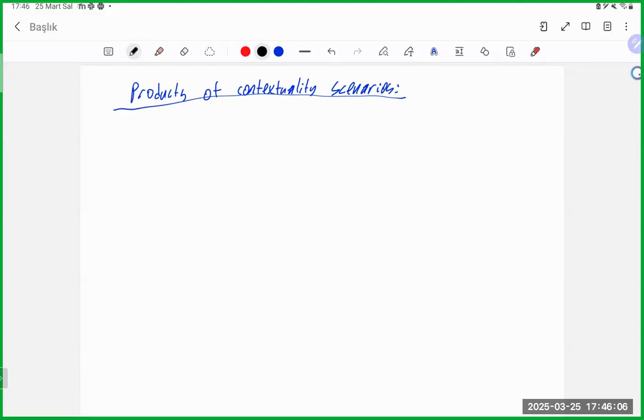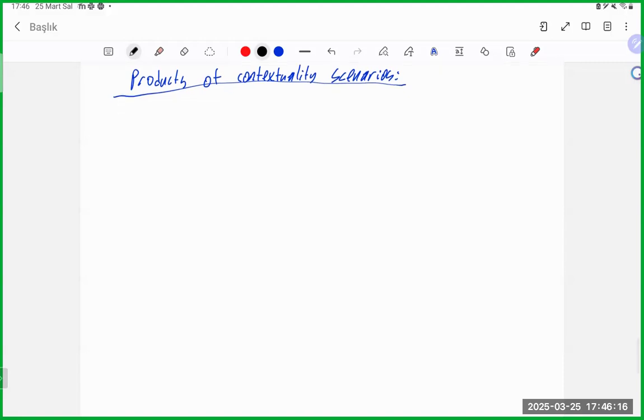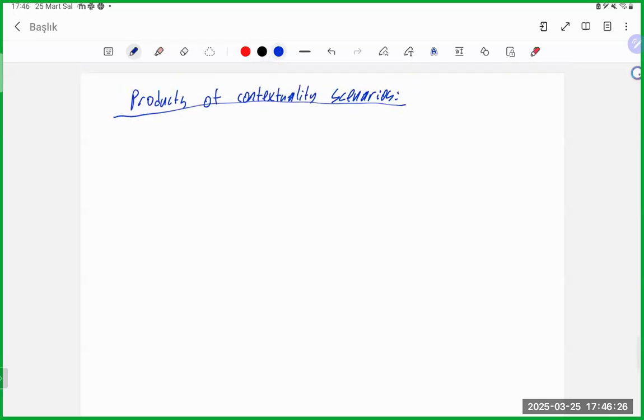Quantum mechanically, the tensor product does this job for us, but for this graph theoretic scenario, we want the graph theoretic approach to combine two scenarios into one joint scenario. So I will define a direct product.